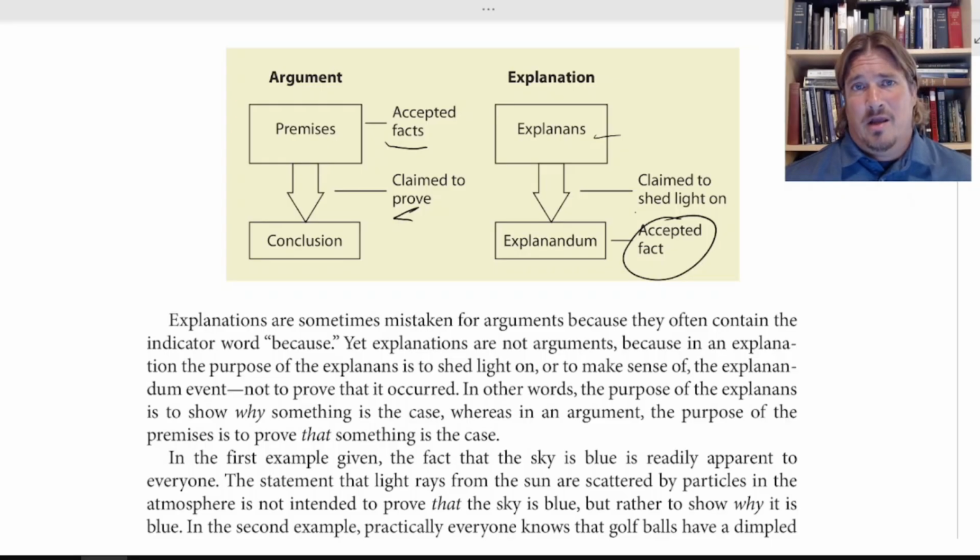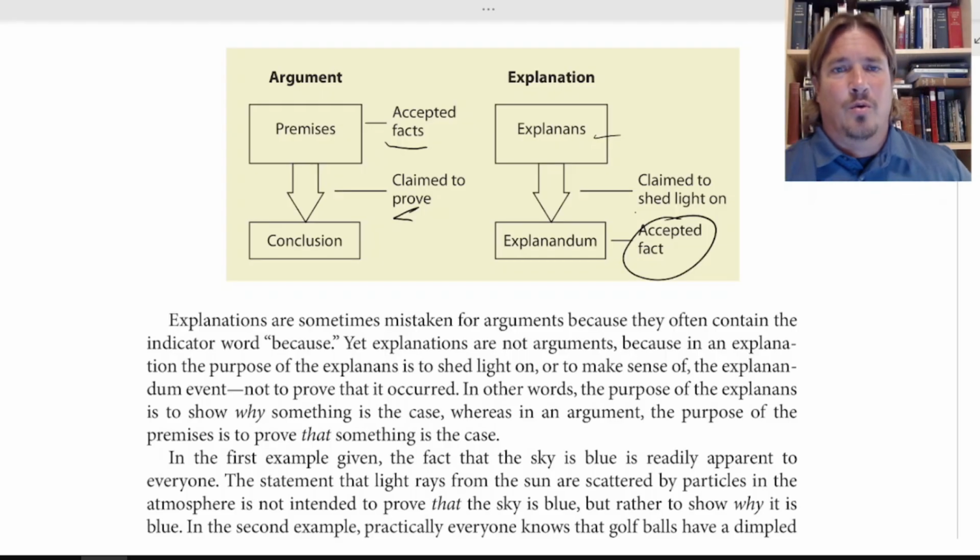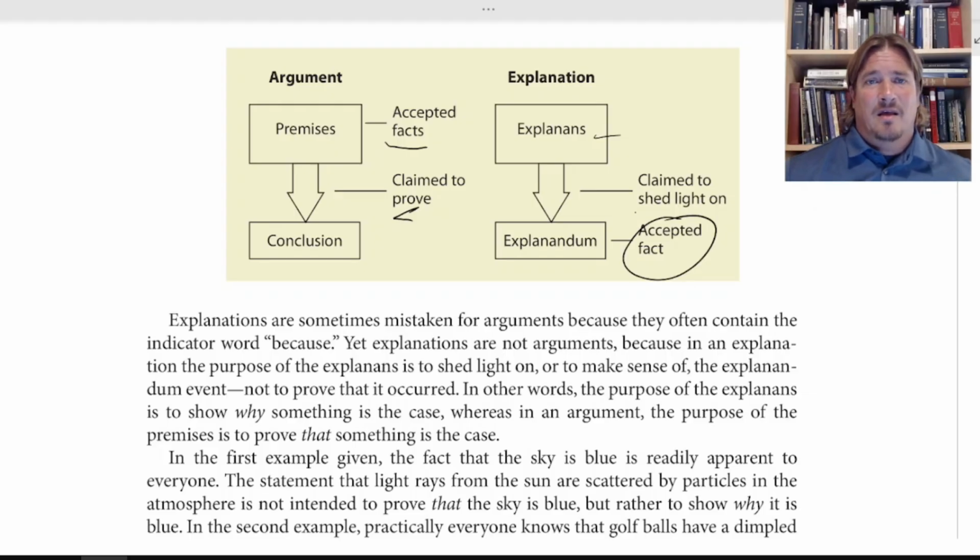An argument, on the other hand, tries to prove something that may not be known, and that's why you need evidence for it. So, for example, you might get to work and maybe your boss drives from a different direction than you do. And you get there and you're late. And your boss starts giving you a hard time about why you're late. And then you might have to prove to your boss that there was traffic on your drive.